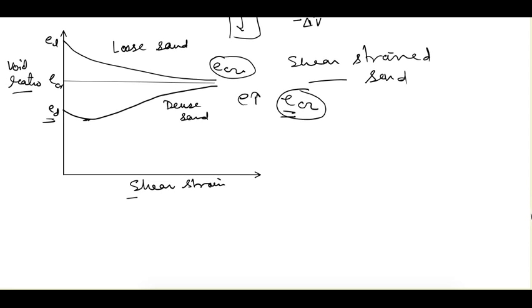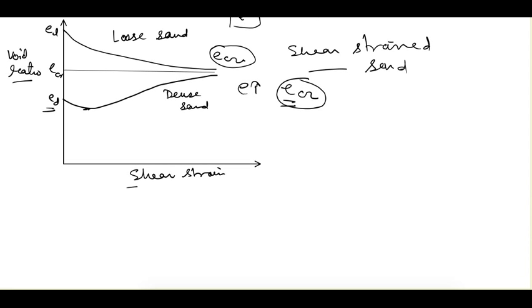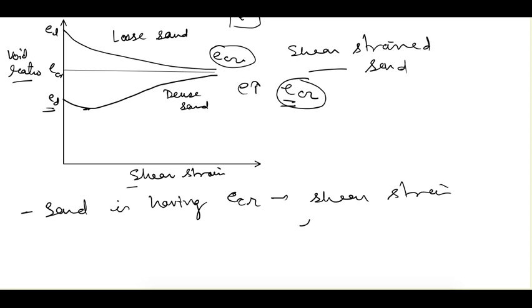So here we get an important result, that if a sand is having critical void ratio, that is e CR, if we apply shear strain, it will not show any volume change.